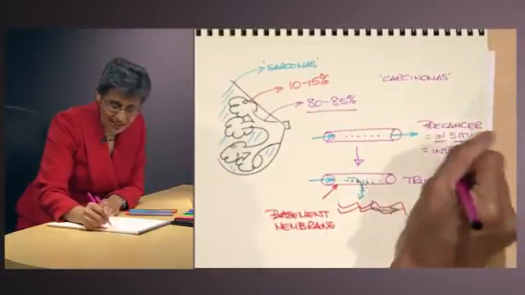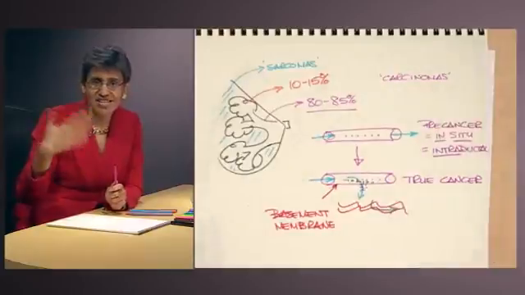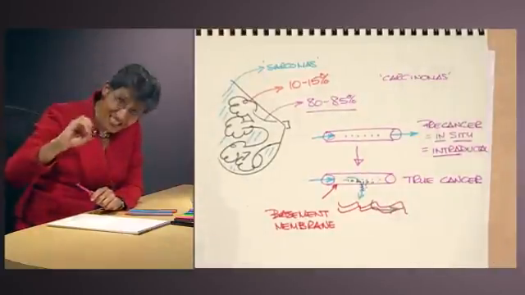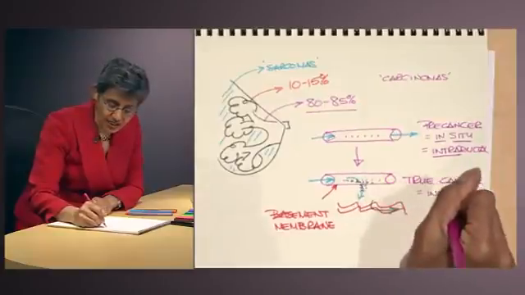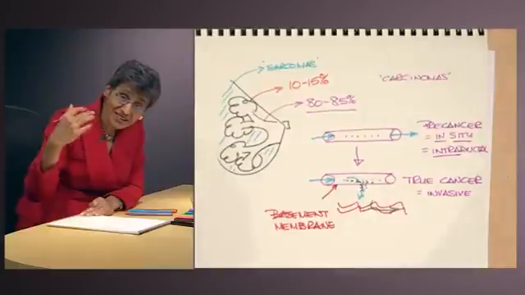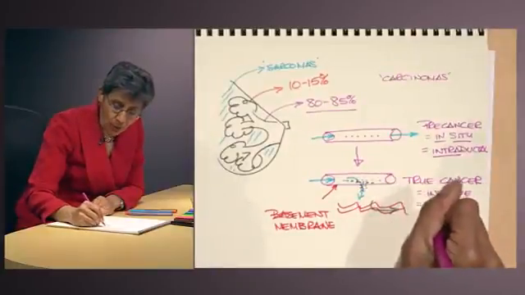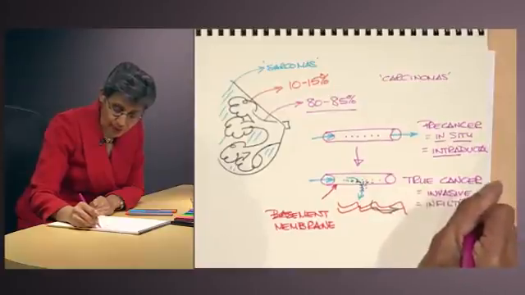Think about anything that has an intra prefix: intra-governmental affairs, intramural sports, inside the ducts. True cancers are called invasive because they invaded that basement membrane, they invaded the pipe, or infiltrating because they infiltrated through the pipe.